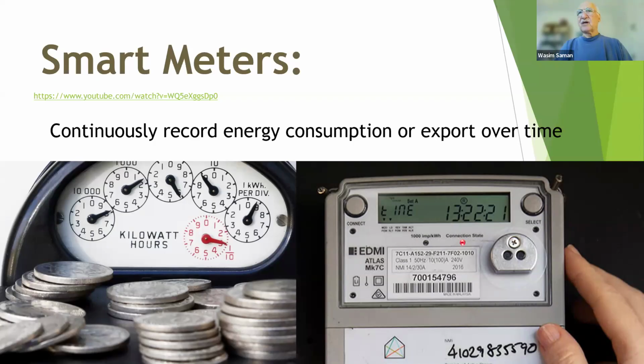The plan for Australia is to change all meters to smart meters by 2030. Smart meters enable the charges to be different during different times of the day. And certainly if we have solar, we are very likely to have smart meters.